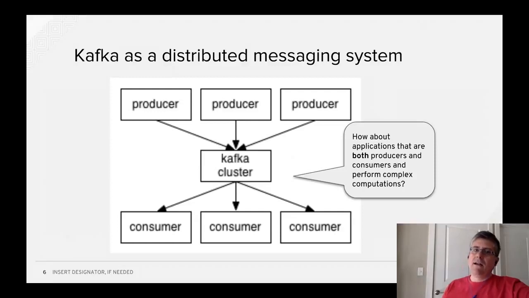But in summary, Kafka acts as a distributed messaging system based on a distributed log approach. So essentially, it adds more advanced distributed publish subscribe capabilities that mediate the interaction between producer and consumer applications.